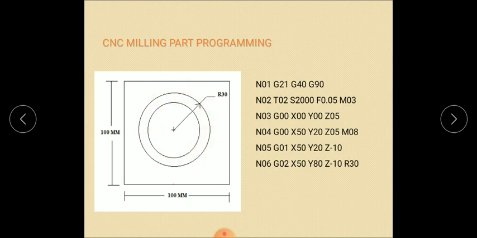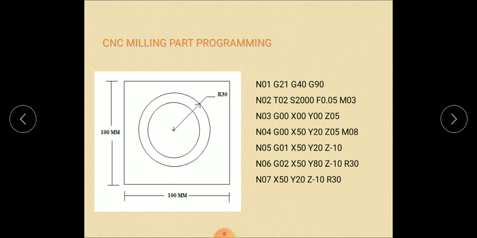So this is the clockwise direction. X50 is this, then it keeps moving up to Y80. So the cut reaches Y80, giving the depth of cut as minus 10, so as to obtain the radius of 30 mm. Next, X50, Y20, Z minus 10, R30.